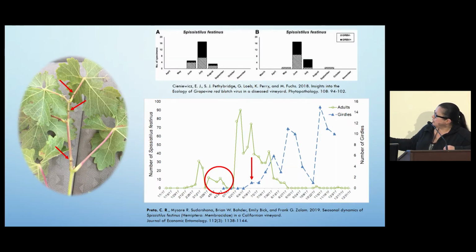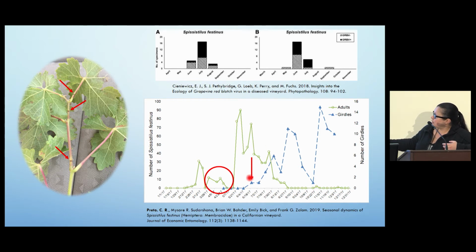In addition, this graph here shows in green the population of the season of adults that we've seen. Here's that window of time that we're really looking for. In blue is the number of girdles. In this vineyard, we counted a subset of vines, and we counted the number of girdles to figure out when three-cornered alfalfa hopper is girdling and feeding on the vines?